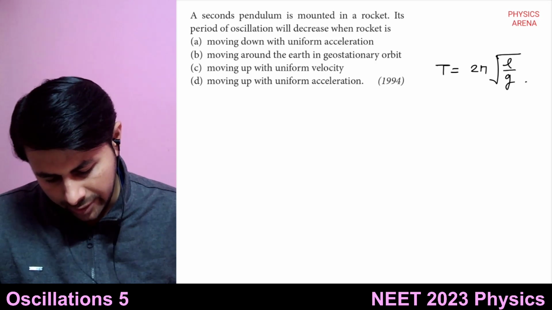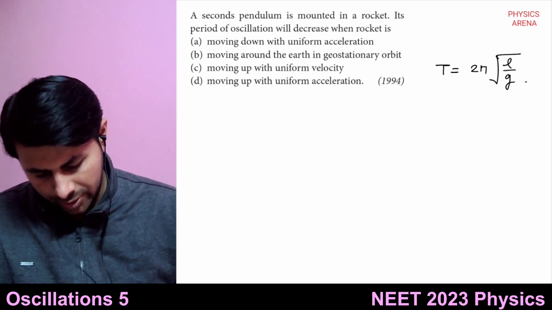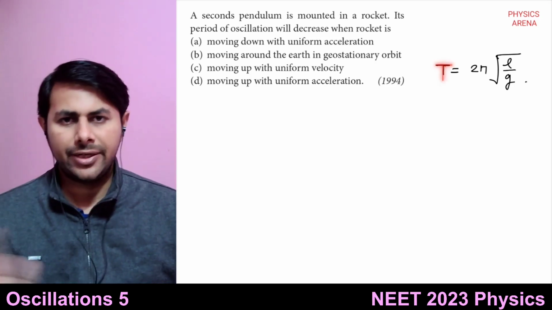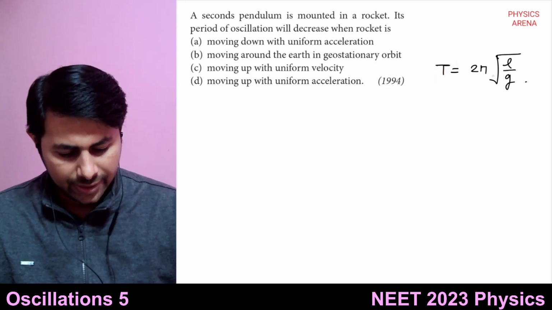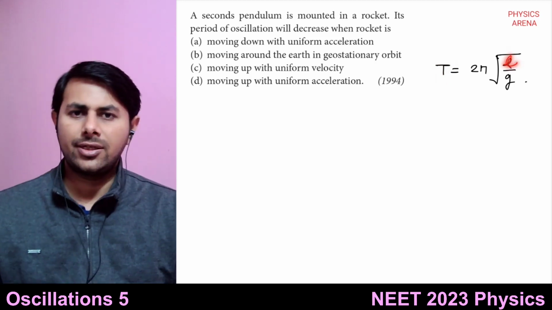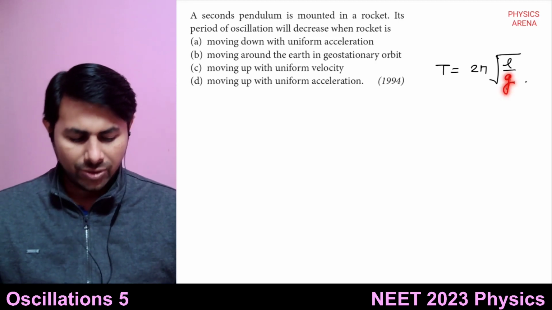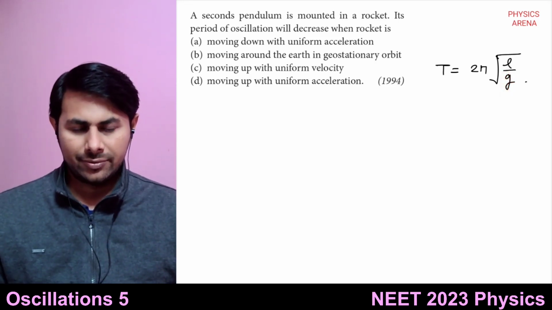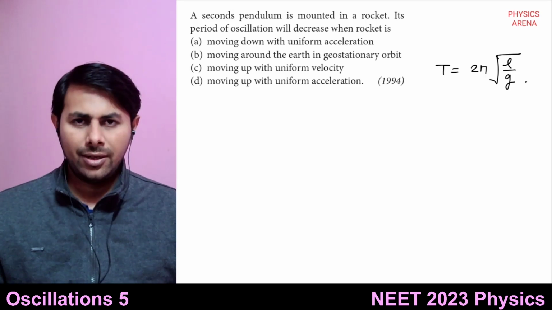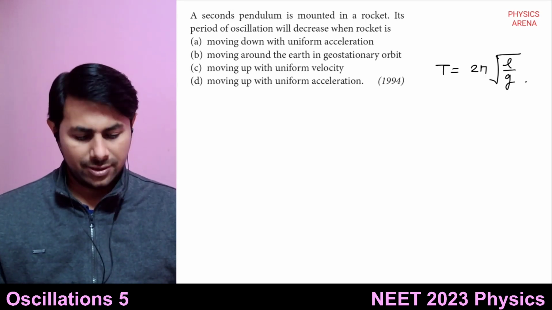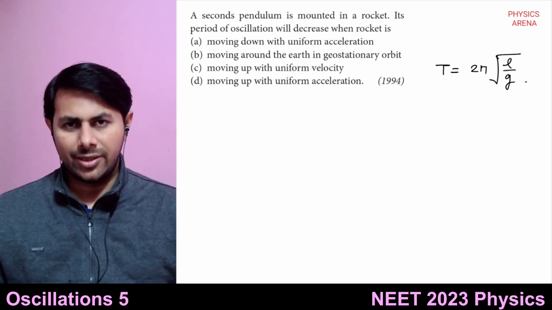And you want the time period of oscillation to decrease. That means length will remain constant, and the effective value of acceleration due to gravity, if it increases, then the time period will decrease.